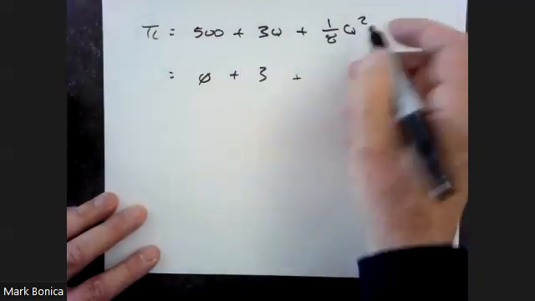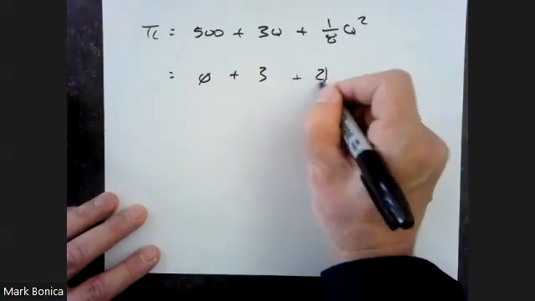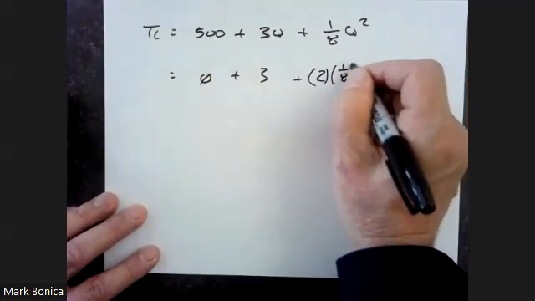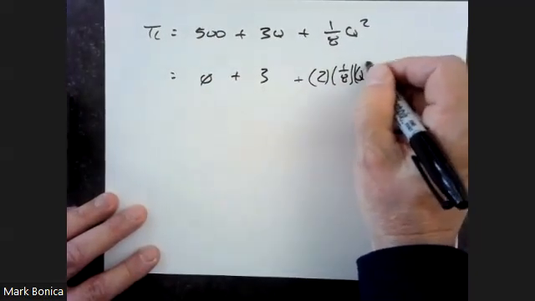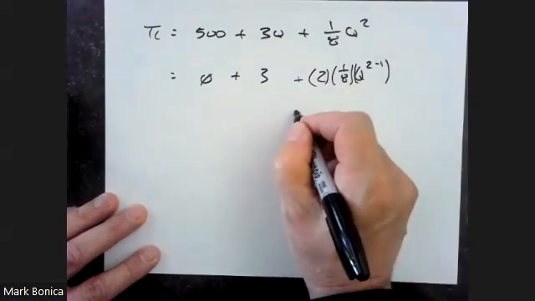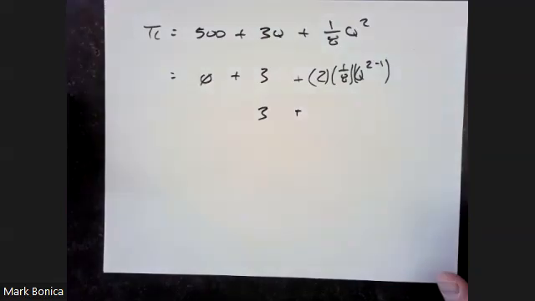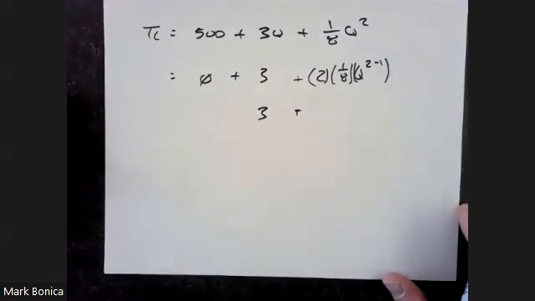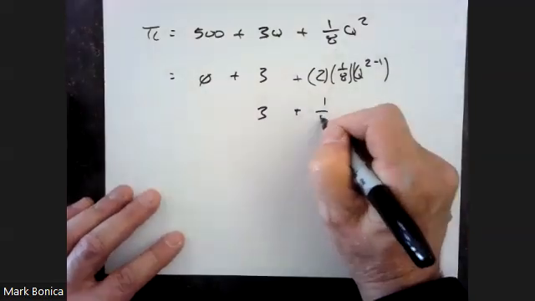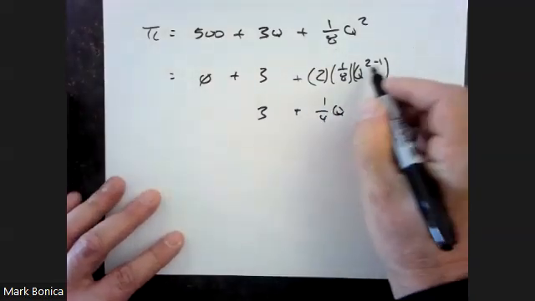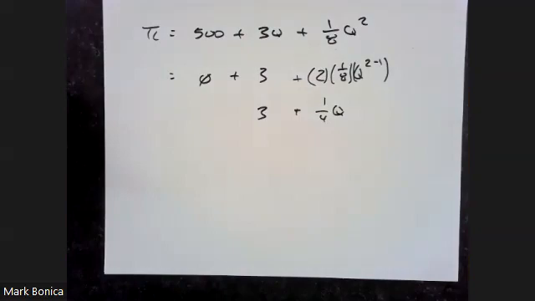Then we bring the 2 down times 1/8 times q to the 2 minus 1. That's 2 times 1/8, which is 2/8, the same thing as 1/4, times q to the 2 minus 1, which is q to the 1, which is really just q.